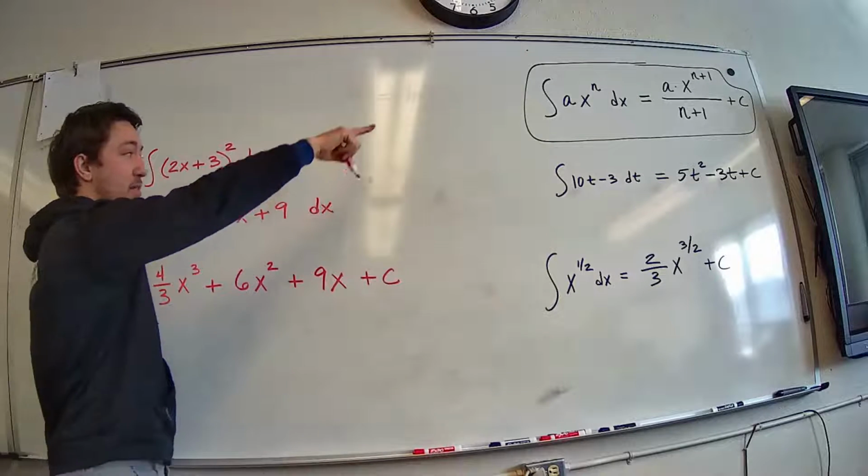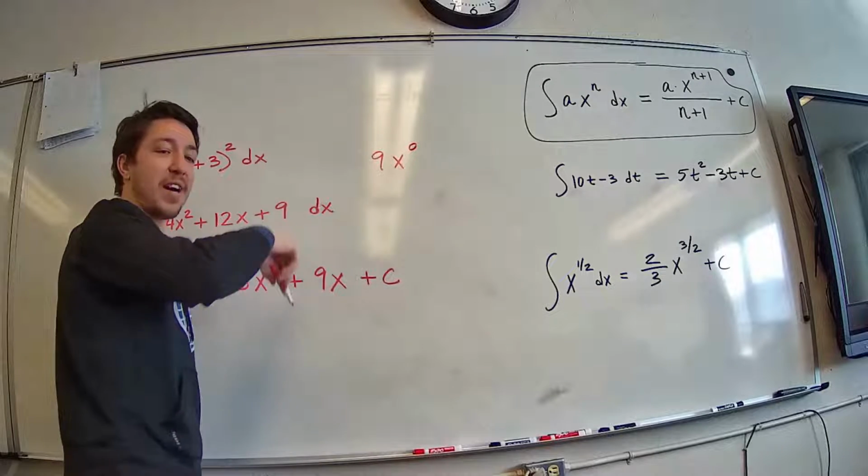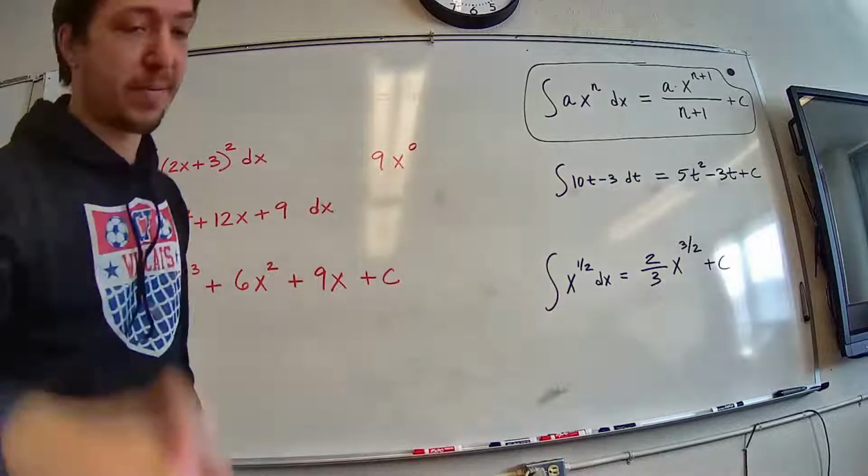By the way, this actually conforms to that rule because it's 9 times x to the 0. So you add 1 to the 0 and divide by that, if you're wondering.